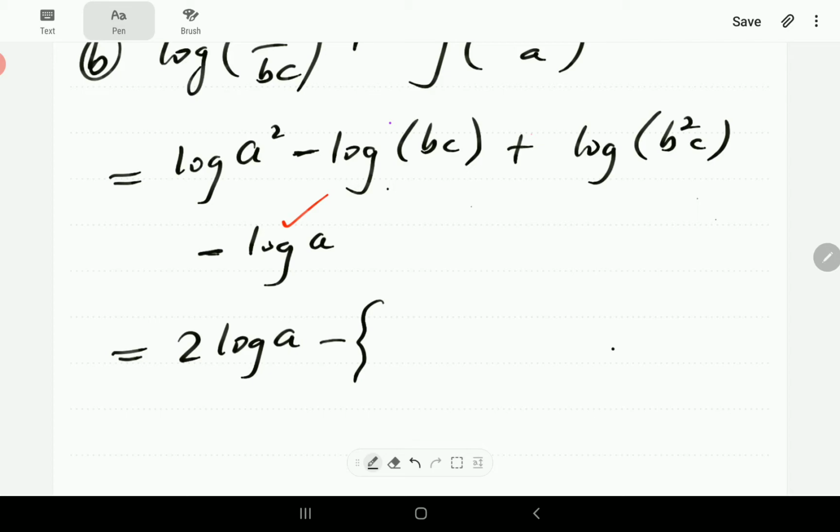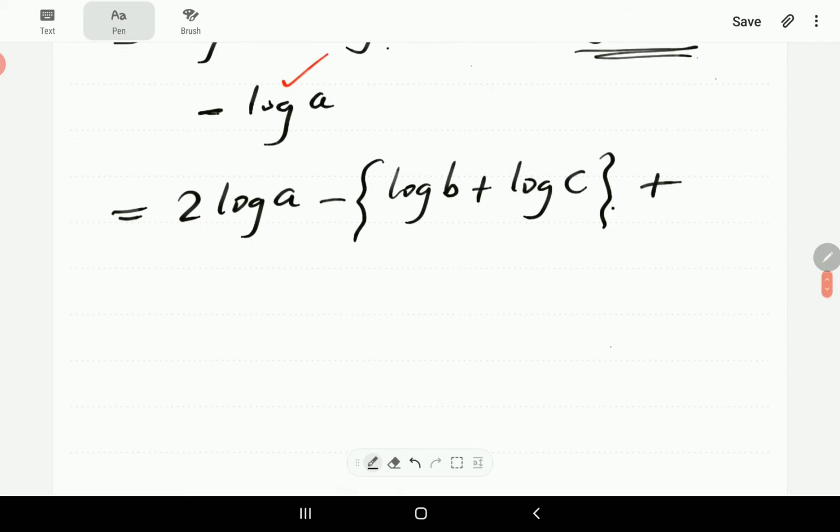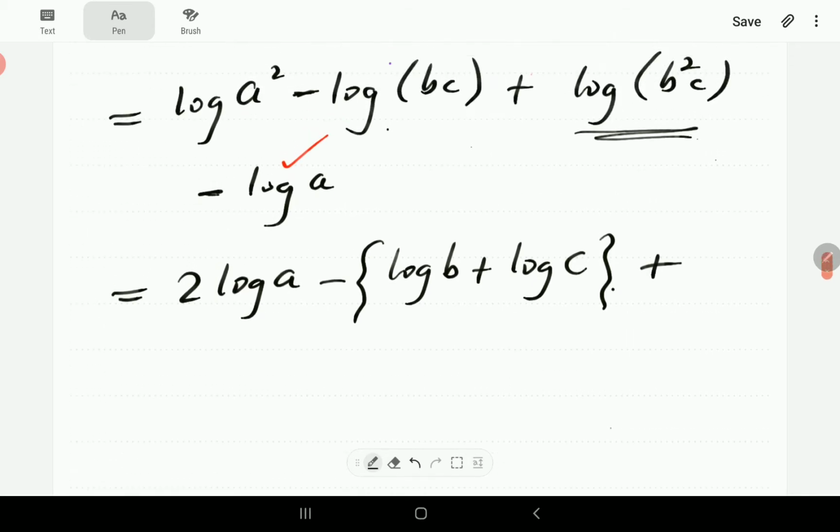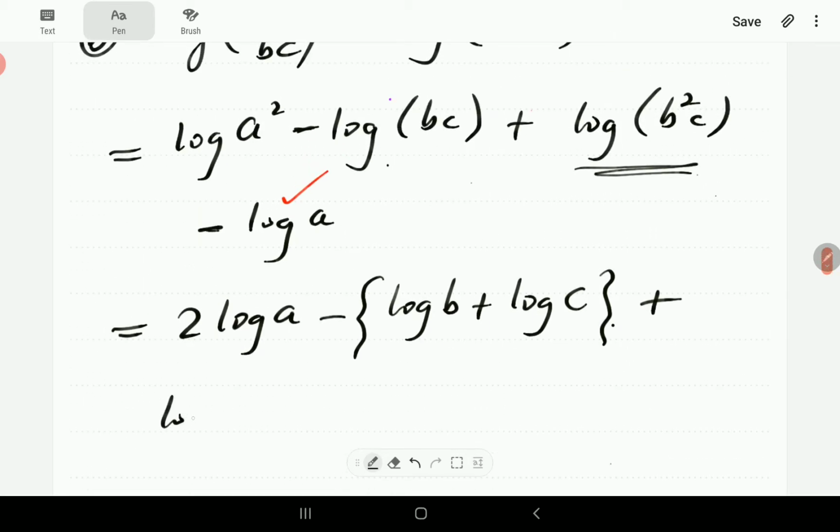So log of BC is going to be log of B plus log of C. Then we're going to apply the same property with this one, so that is going to be log of B squared plus log of C. Notice that I'm not using brackets this time.